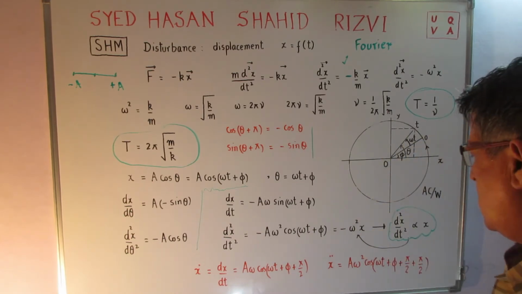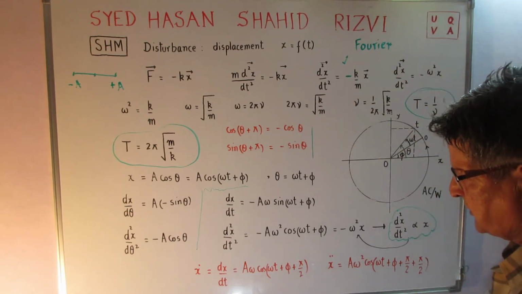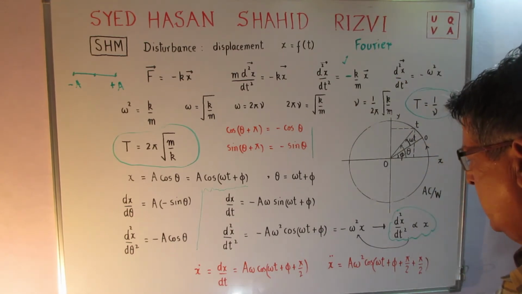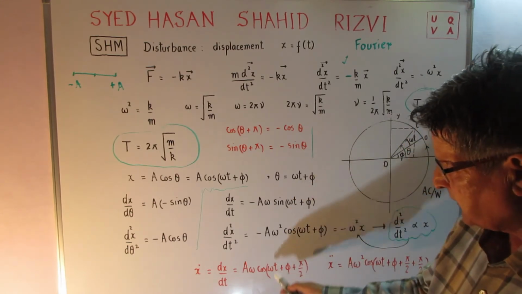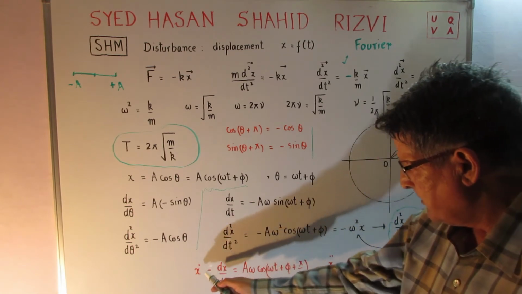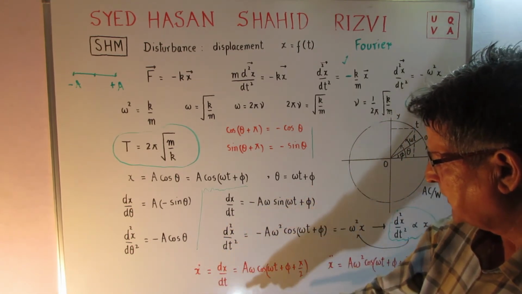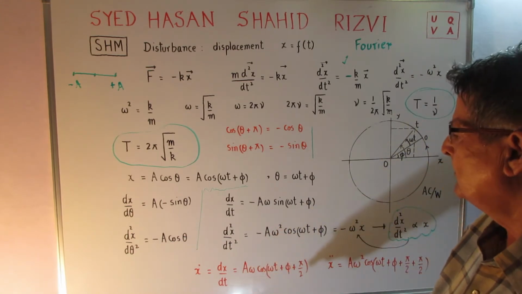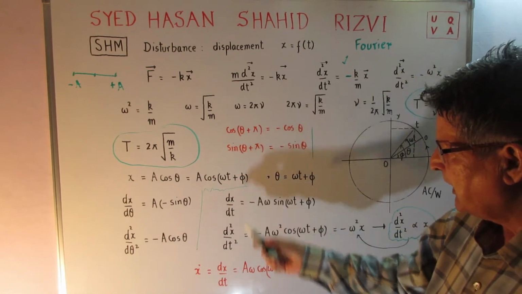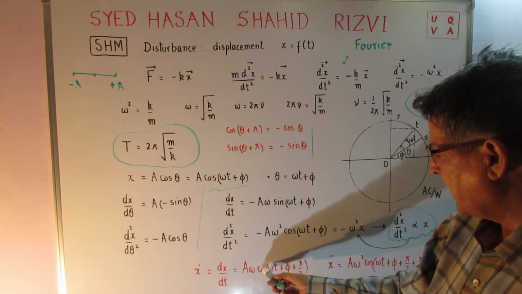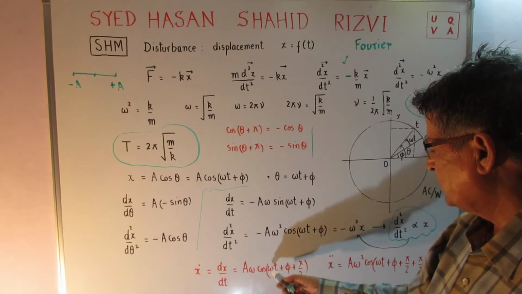Now by my method, which I explained to you earlier in lecture number 4 or 5 somewhere, you can search that, I can write that x dot is equal to dx upon dt is equal to a omega. Now I wrote it as cos of omega t plus phi, so omega will come out here after I differentiate this with respect to time.